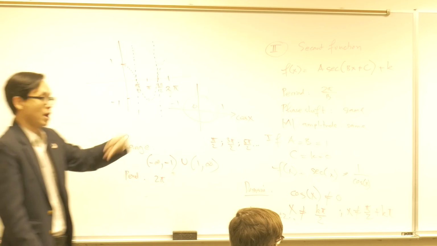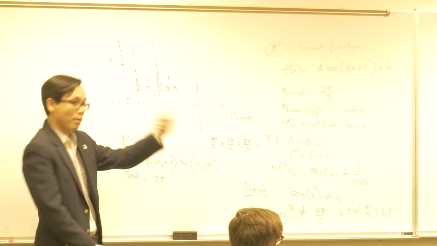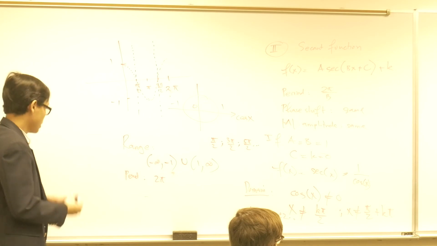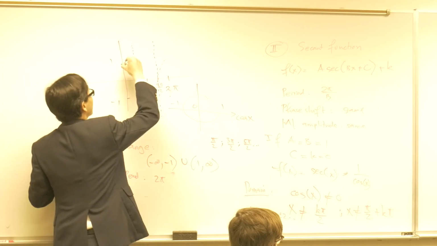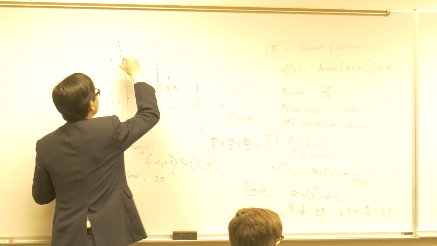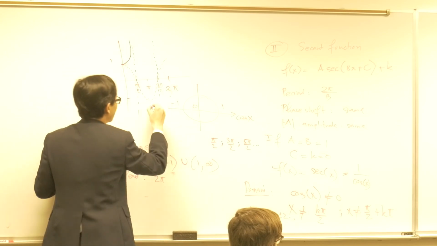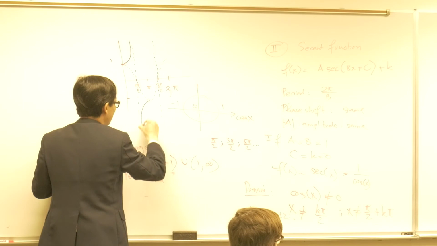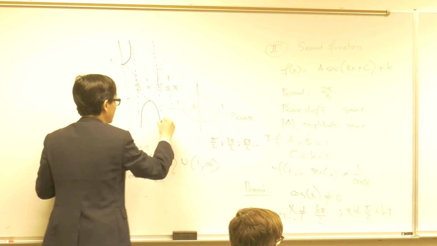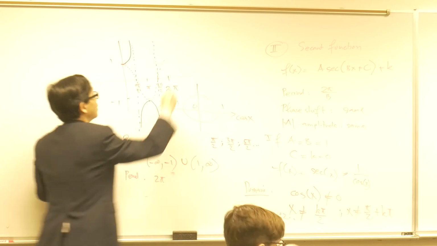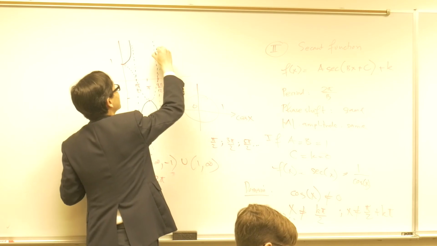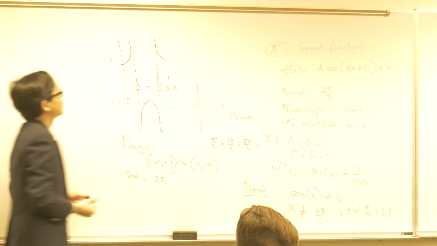Of course, it depends on how many periods I want to do. Then you have more vertical asymptotes. Then the secant will be like that. There we go. And here we go.